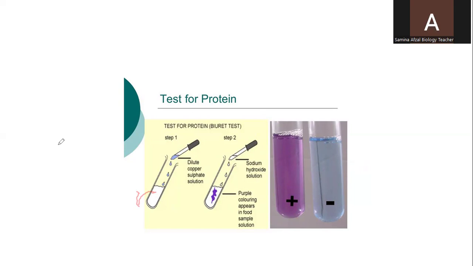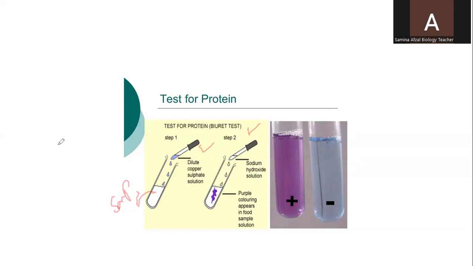Then we will add sodium hydroxide solution, or sometimes we add biuret reagent, which is already a mixture of copper sulfate solution and sodium hydroxide solution.